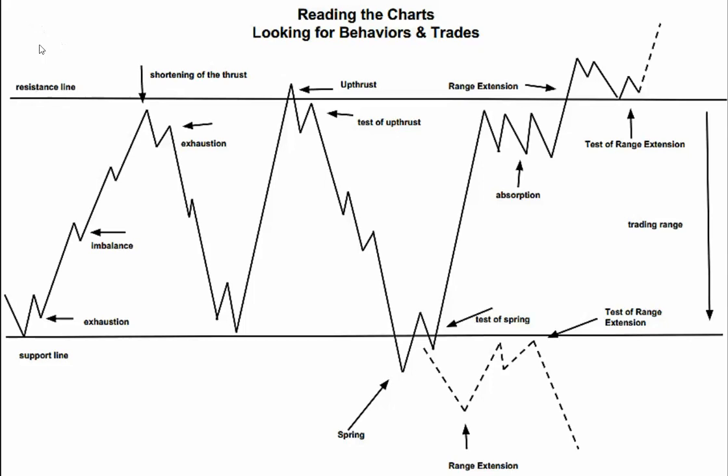If we're trading in a downward migration, how do we trade to the short side? And then, of course, if we're migrating higher, how do we look for trades to the upside? Again, value area high, value area low, and our midline would be here.